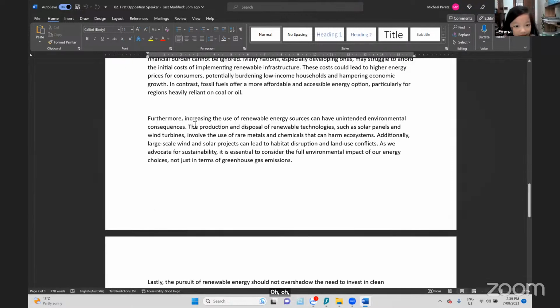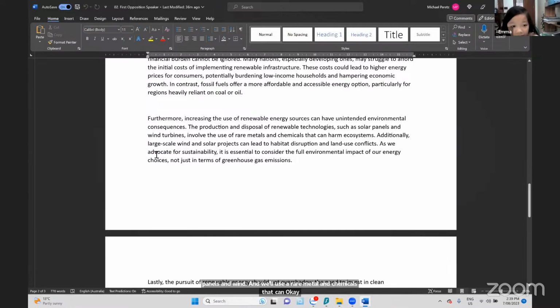Furthermore, increasing the use of renewable energy sources can have unintended environmental consequences. The production and disposal of renewable technologies such as solar panels and wind turbines involve the use of rare metals and chemicals that can harm ecosystems.